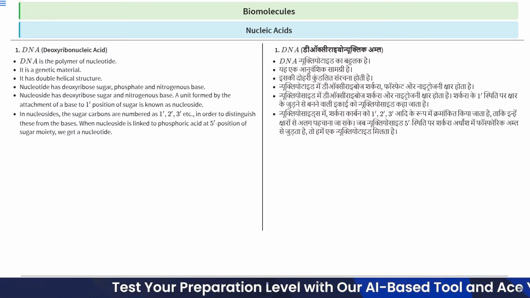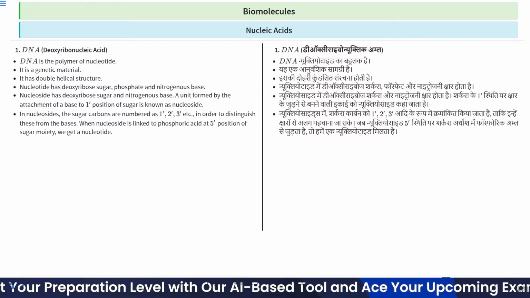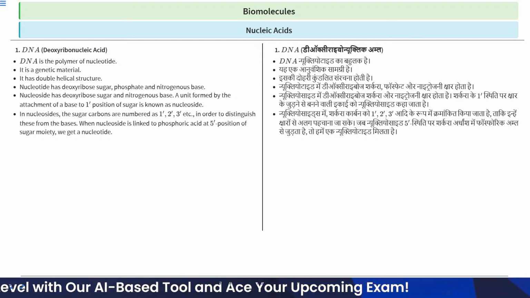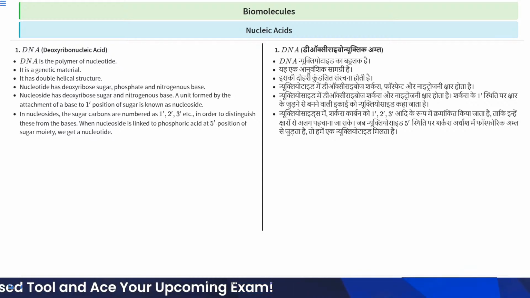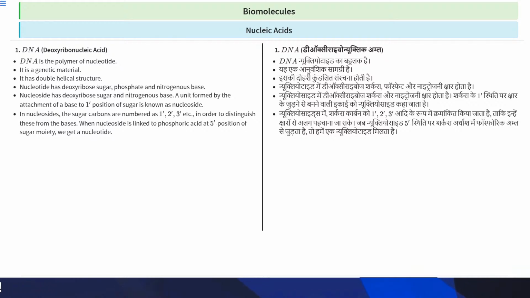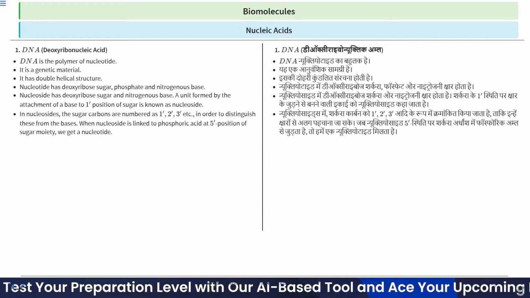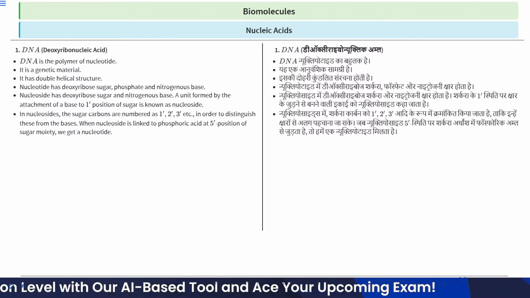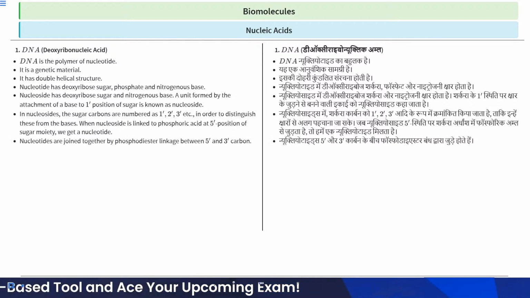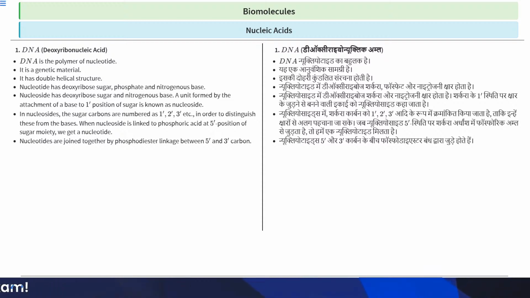So from the nucleoside we get the nucleotide. Nucleotides are joined together by phosphodiester linkage between 5 prime and 3 prime carbon.